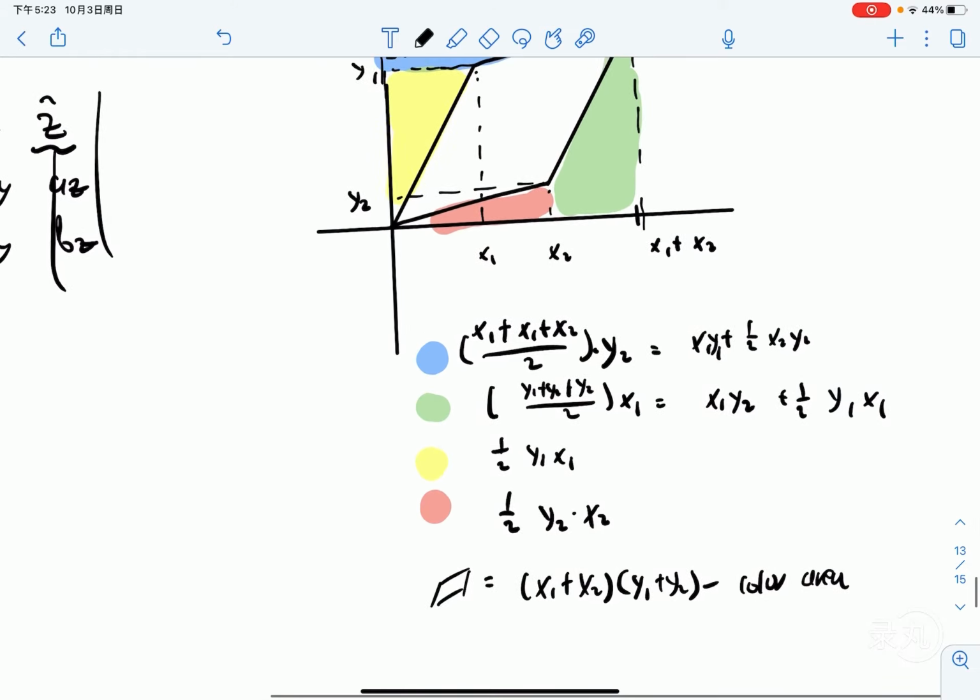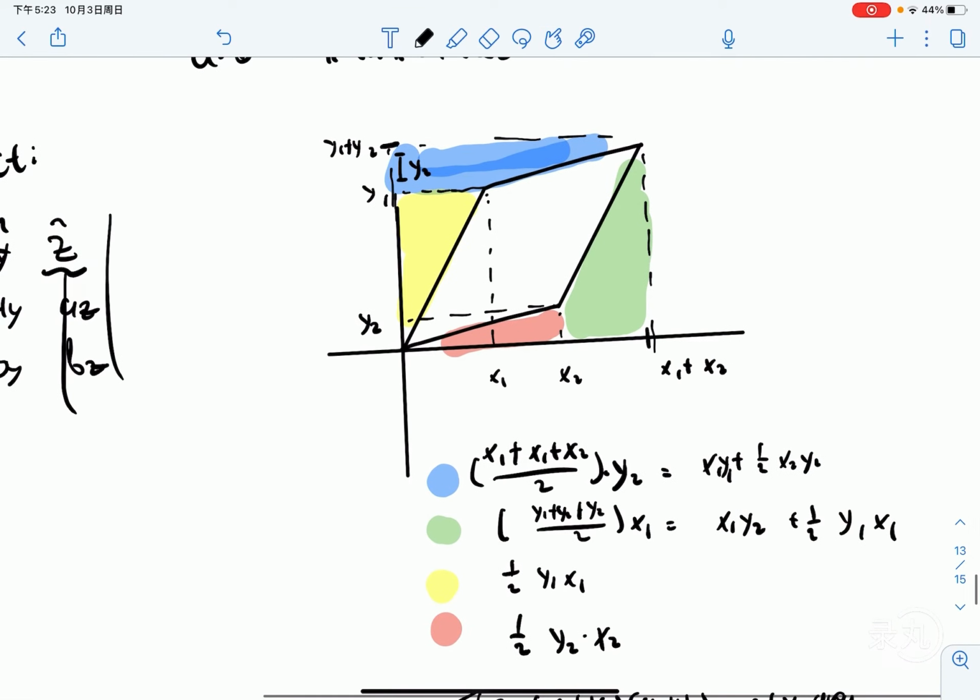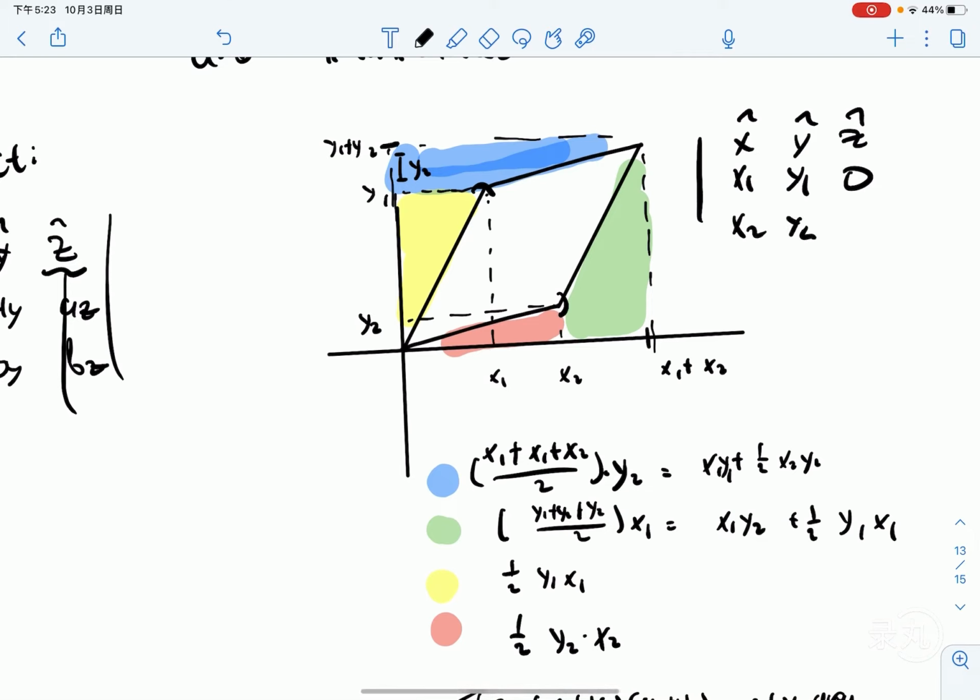Because the vectors are all in 2D, the way we evaluate this is this: i, j, k, x1, y1, because there's no z, just put 0, x2, y2, 0, and this is equal to x1 y2 minus x2 y1.